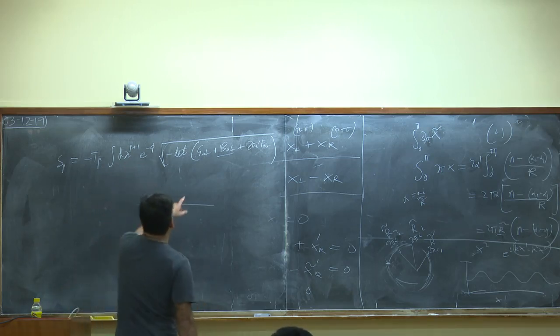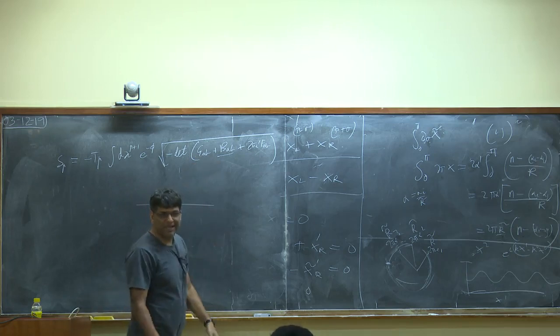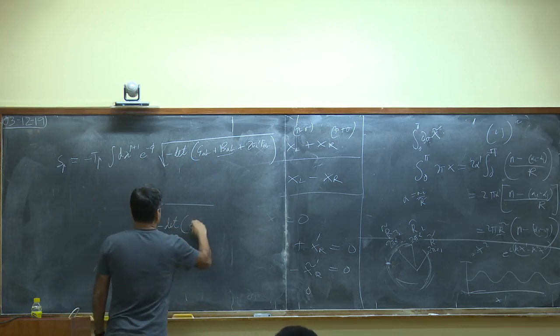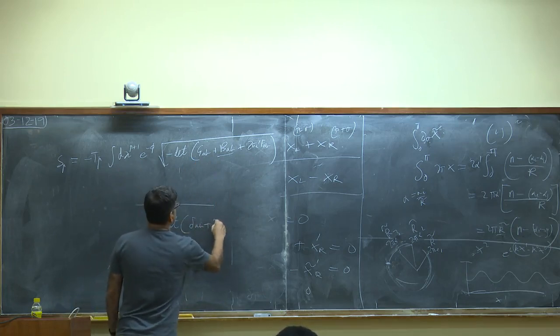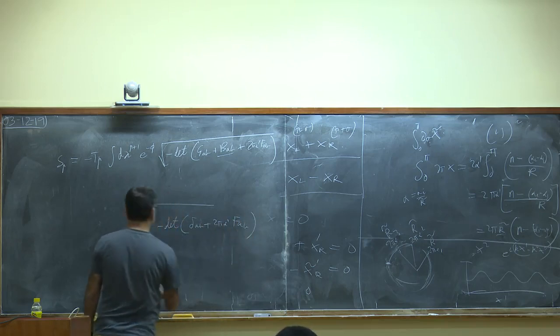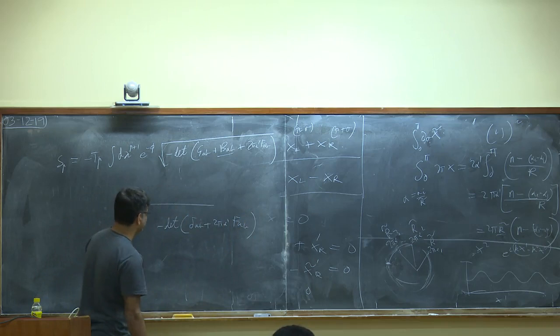Then G_AB is just delta_AB, and imagine there's no B field, so B_AB is 0. Then this would be minus the square root of det of (delta_AB plus 2 pi alpha prime F_AB). Yang-Mills, or Maxwell.